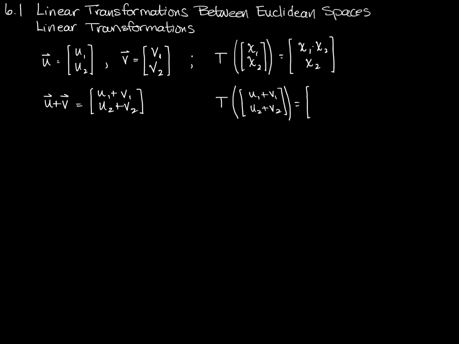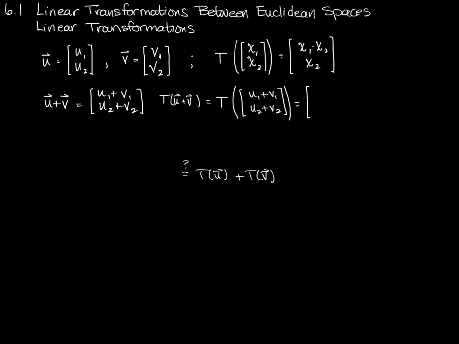I'm multiplying the components of my u plus v vector because I'm checking to see whether, let me write this here, T of u plus v equals T of u plus T of v. Okay, that's what I'm trying to check for.